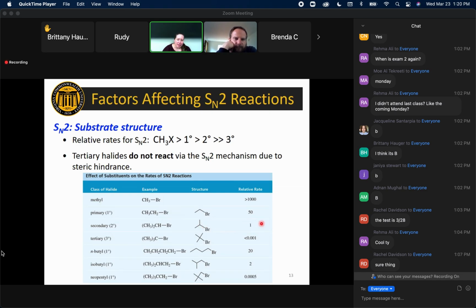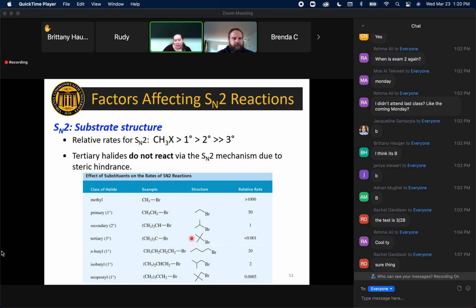If we set that to be our benchmark with a relative rate of 1, then we can do some comparisons here. If we compare our secondary halide to a primary halide, so we're just swapping out one methyl group for hydrogen, we can get this reaction to go 50 times faster. So our primary halide is much better at this reaction than our secondary halide.